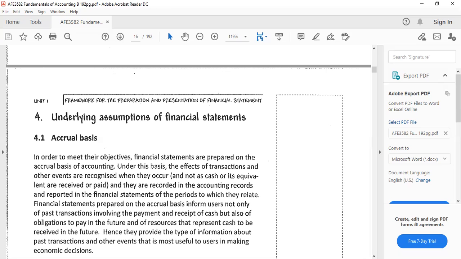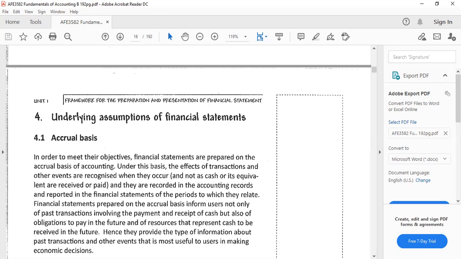So it says that in order to meet their objective, financial statements are prepared on the accrual basis of accounting. Under this basis, the effects of transactions and other events are recognized when they occur, and not as cash or cash equivalents are received or paid.